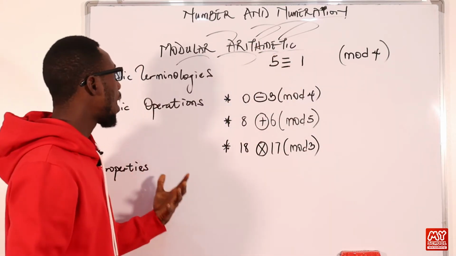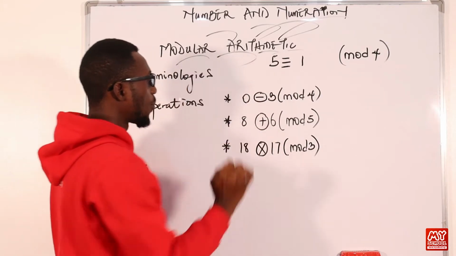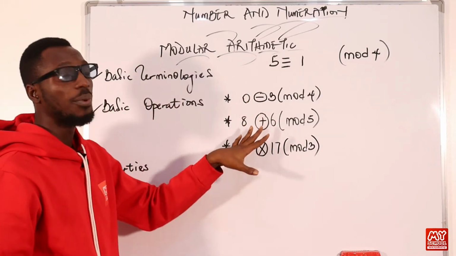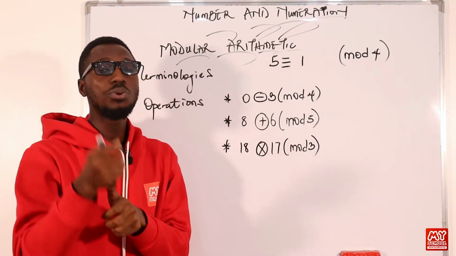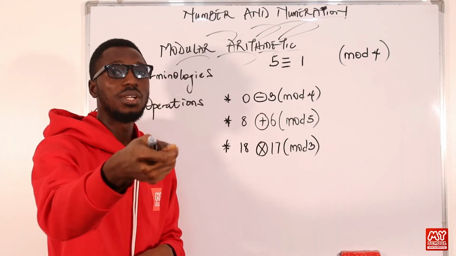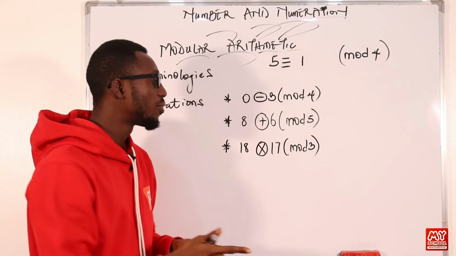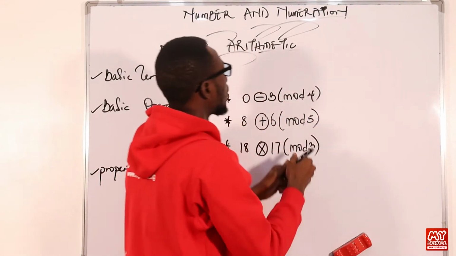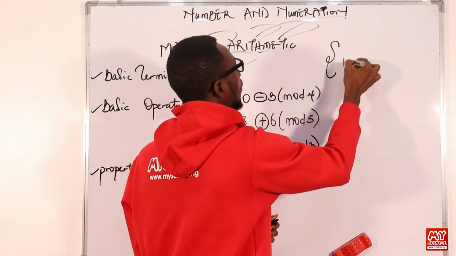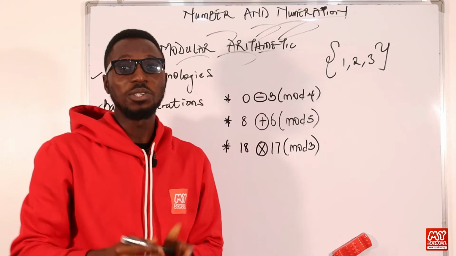Then we have some other expressions. When you see signs like this, we use them so that we can be very specific and make it obvious that you are working under modulo arithmetic. Just like when you see certain expressions like this, I believe you can tell that this is a set operation, right?